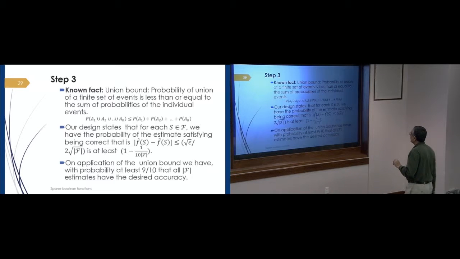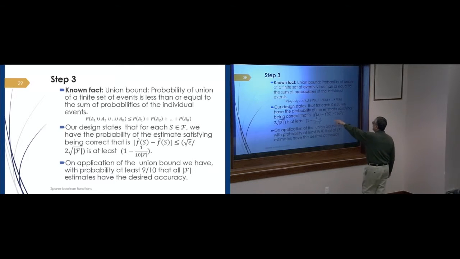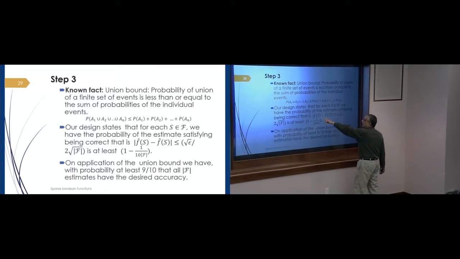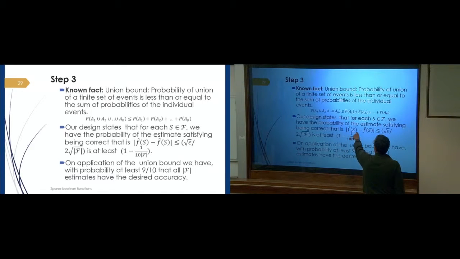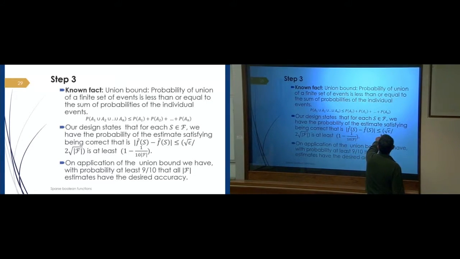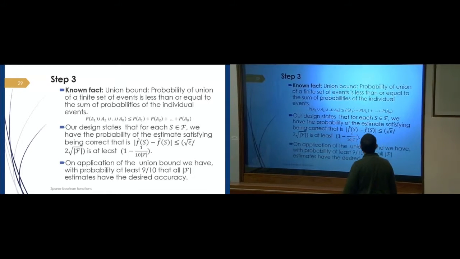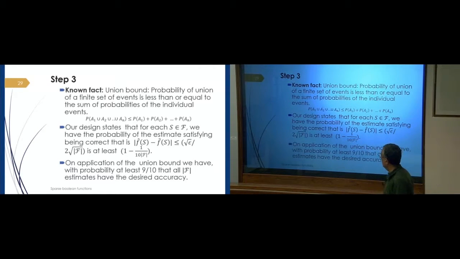Okay, so in our design, for each S belonging to F, we have the probability of the estimate being correct, which is f hat S minus f tilde S is less than or equal to square root of epsilon divided by 2 times square root of the size of F, and that probability is at least 1 minus 1 over 10F.